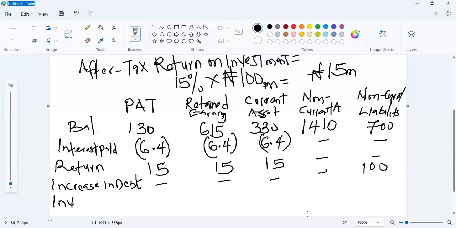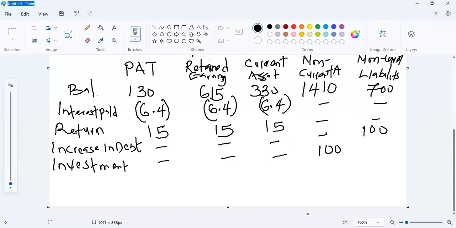Investment: no effect here, but it will affect my non-current assets. We can now get our total. Please let's sum.